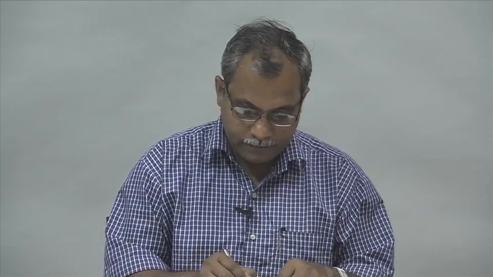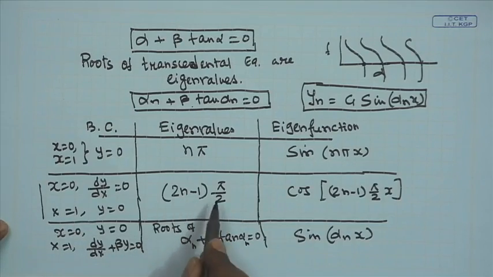In that case, we will make a change of coordinate by defining a new x star as 1 minus x. Then, in the transformed coordinate system, the boundaries will fall into the standard boundary conditions like this, and we will have the eigenvalues and eigenfunctions in this form.